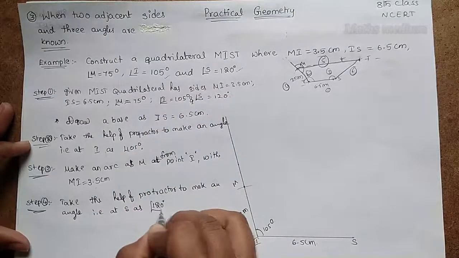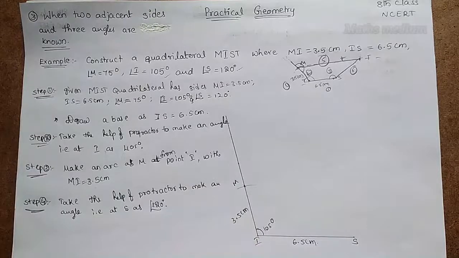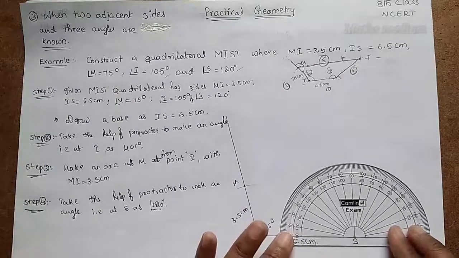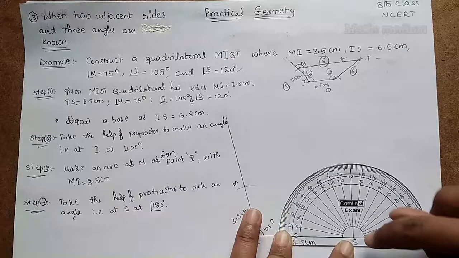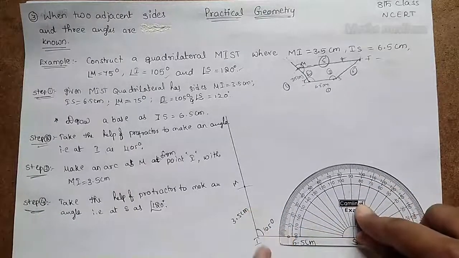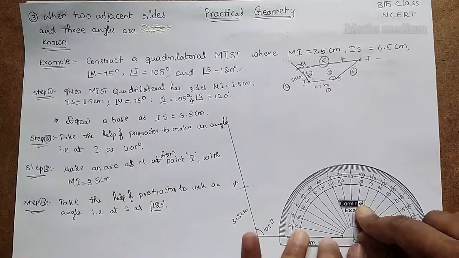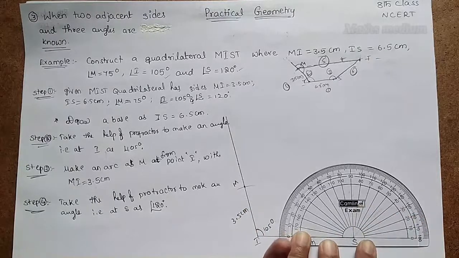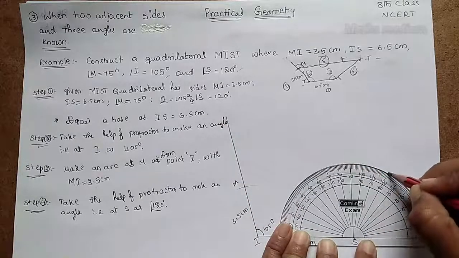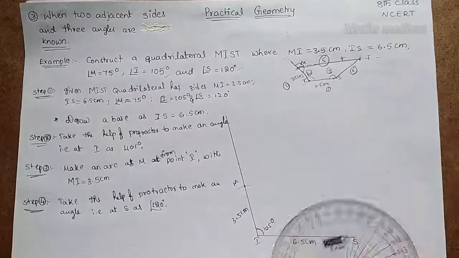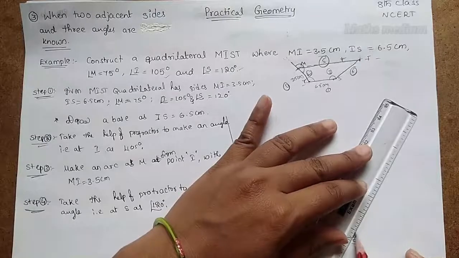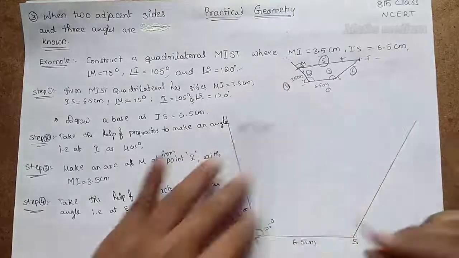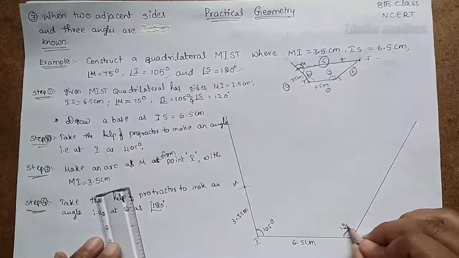Take the protractor and make sure that where we have to measure the angle, put the point at the middle point, and that line must be parallel to the line we have to draw. This is the correct position for measuring the angle. Now we have to measure 120 degrees. So this is 120 degrees. Put a point here and connect these 2 points, S and where we kept the angle. So this is 120 degrees.